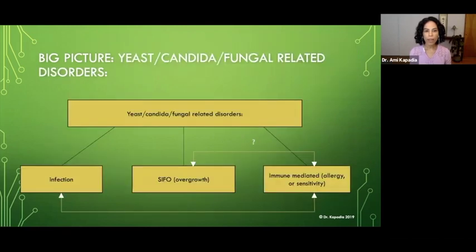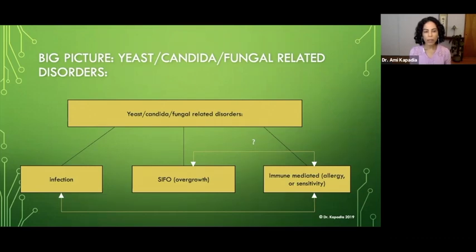So this is just an overall view of how I view yeast and Candida related disorders. It's an umbrella here at the top, overarching yeast and Candida fungal related disorders. On the left side here, we're talking about infection.